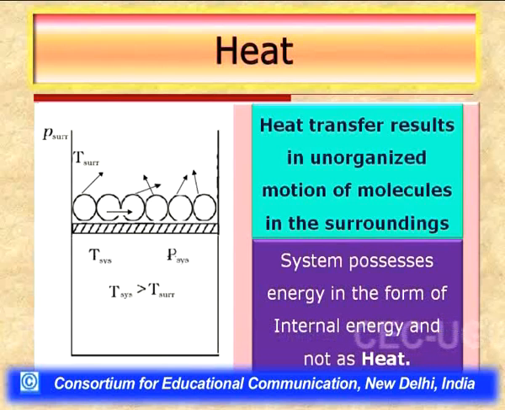Heat gets transferred to the system, that appears only across the boundary. Once it enters the system, it manifests itself by virtue of some motions of the molecules of the system. If those molecules are in the gaseous state, then there will be random motion of molecules.